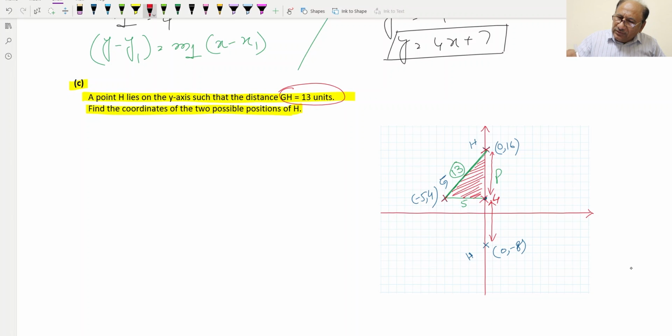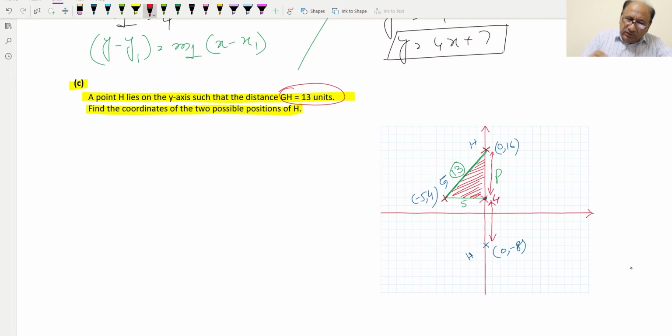Now we will consider this triangle, and this side is 5, which we know from the x value of G. This is 5 units, and our target is to find p.